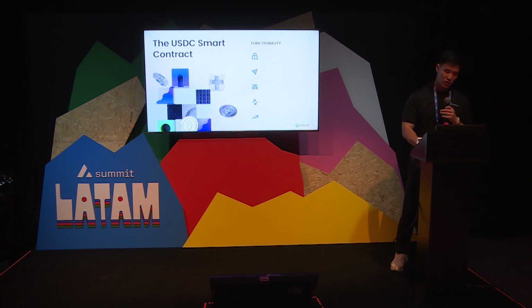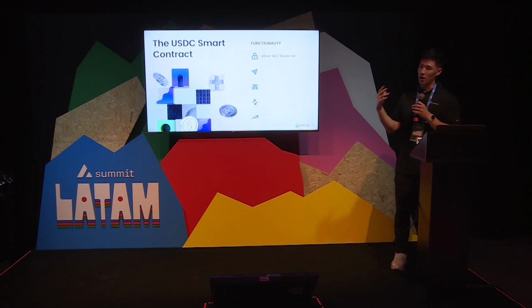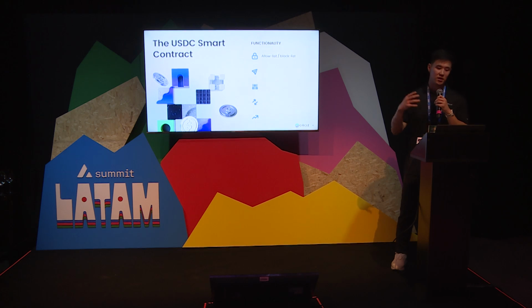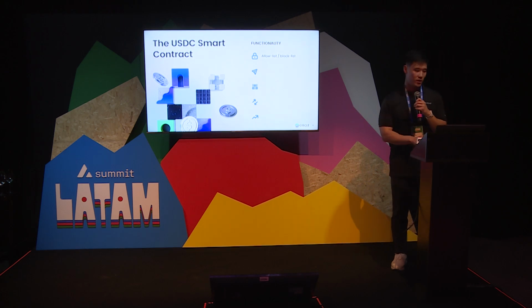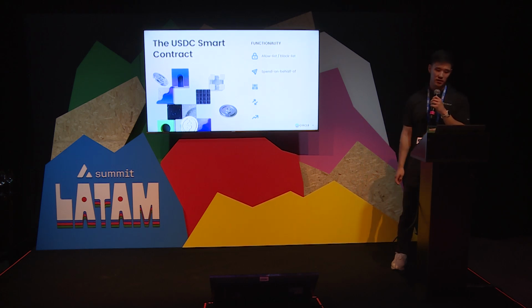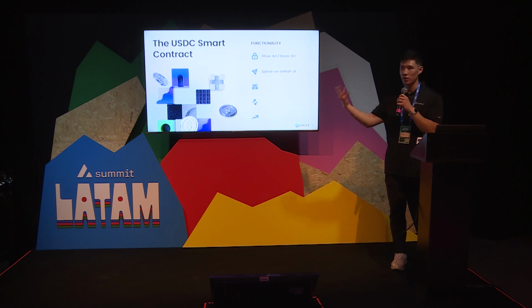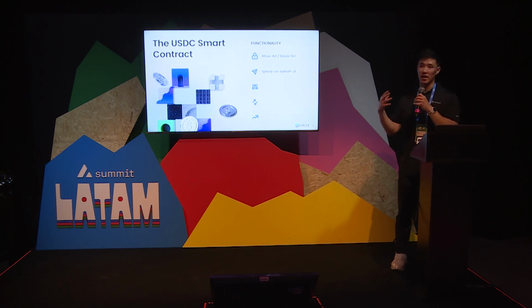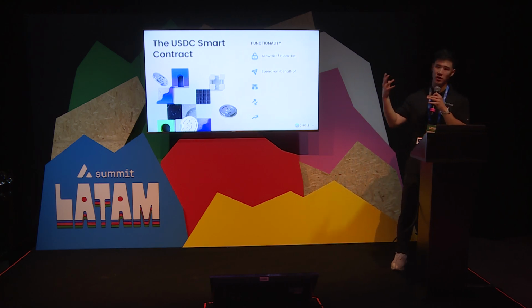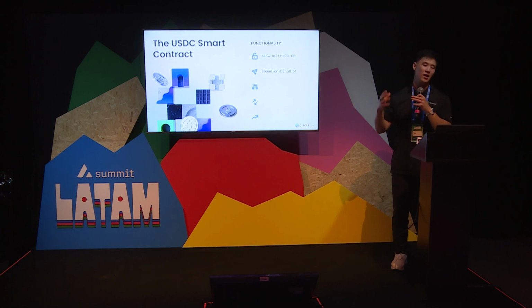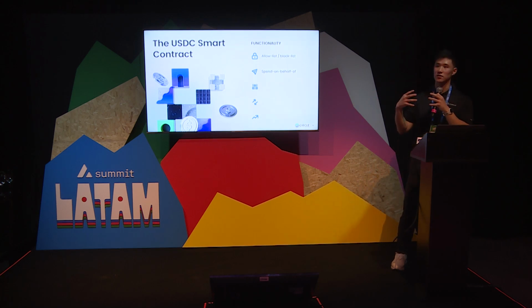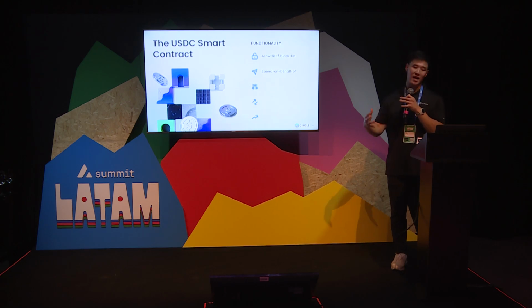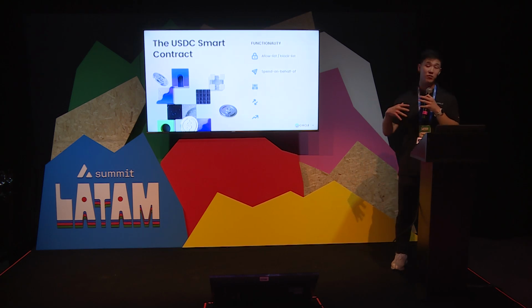The first one is allow list and block list, which essentially controls which addresses can interact with the smart contract. The next one: since smart contracts don't have their own private keys, this is essentially the approve button that you click whenever you're trying to interact with a DeFi protocol. It allows you to interact with the USDC smart contract to actually make the movement of funds.